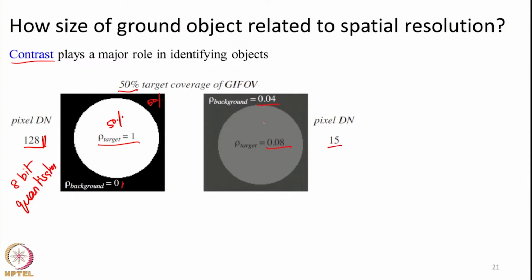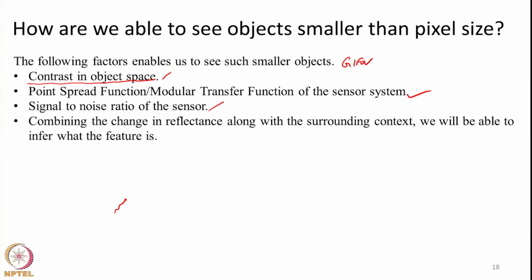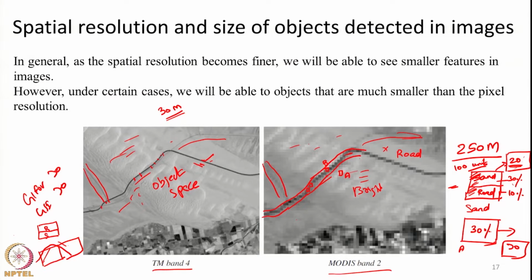So, how much contrast there is between the background and the feature is going to play a major role. The larger the reflectance difference between the background and the feature of our interest, the more clearly we will be able to identify the object. That is what happened in the example I showed you in the last class.